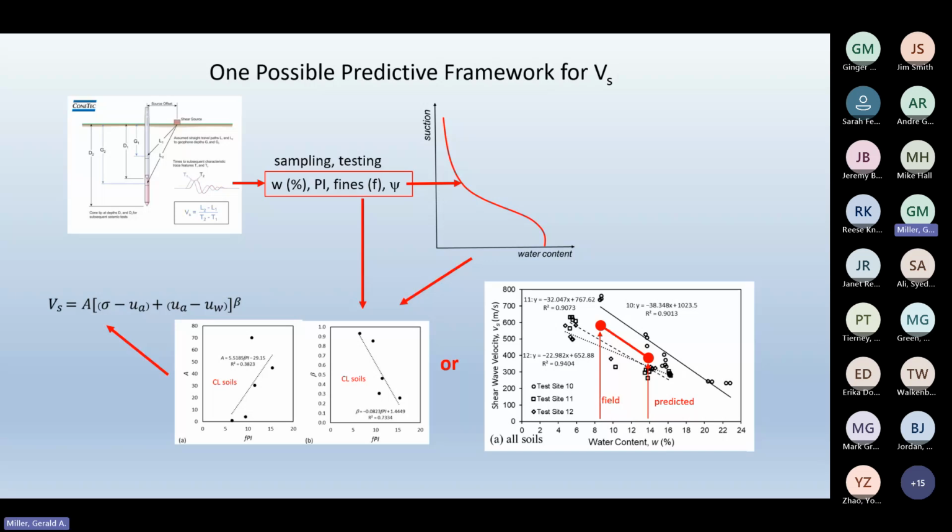Even if you don't want to do Atterberg limits and grain size tests on every sample, at least do a natural water content test. That's tremendously valuable. And then you have something to compare to your field results.